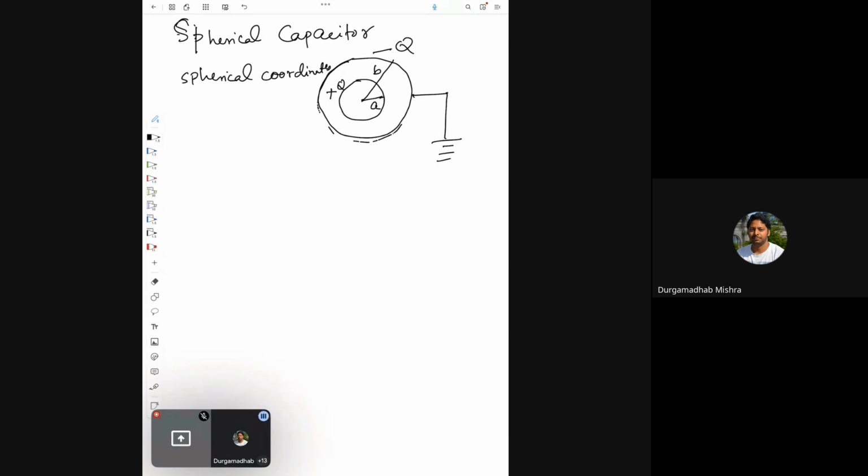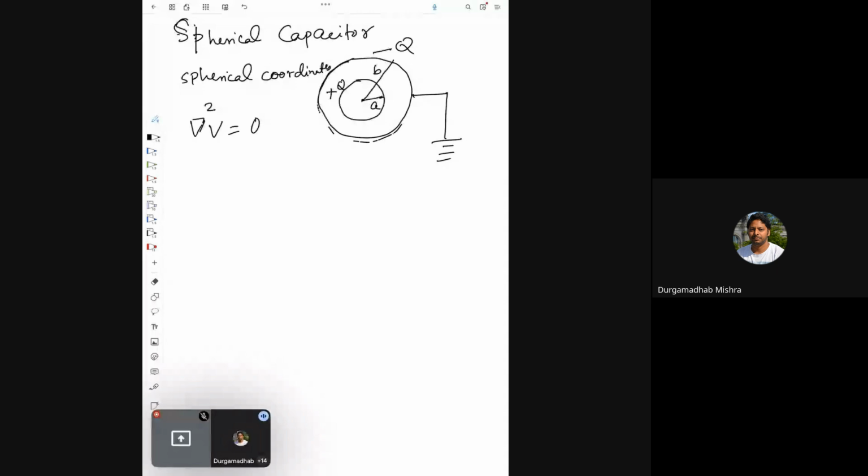So for the total capacitor, plus q and minus q on both the plates, the total charge for the system is of course 0. Which represents a situation where del square V is equal to 0.